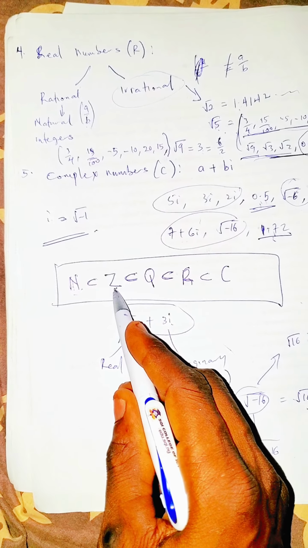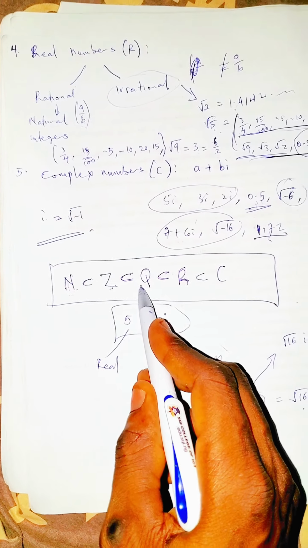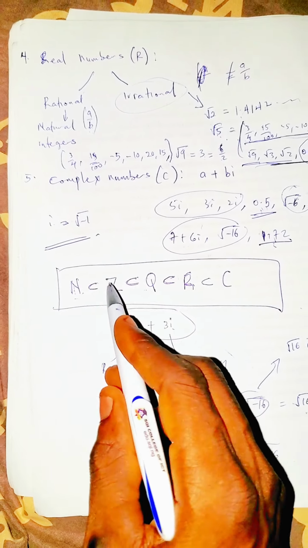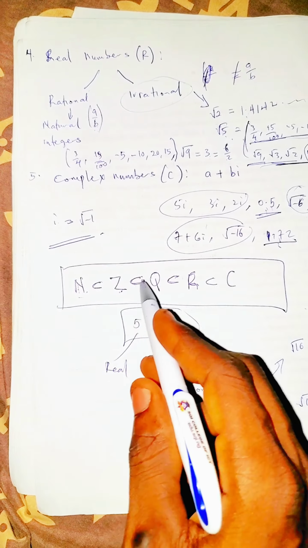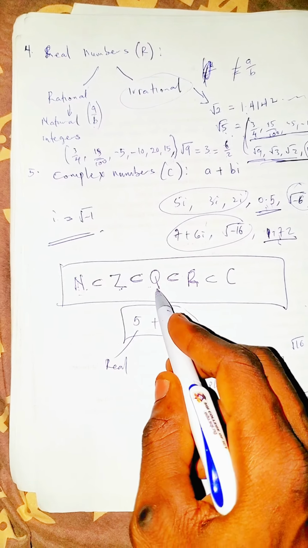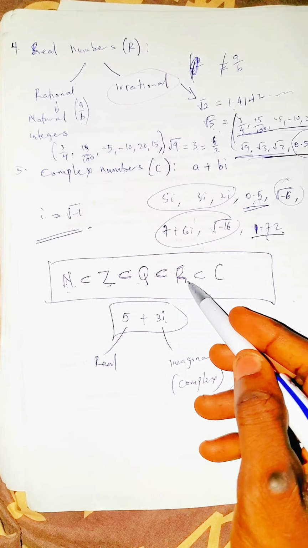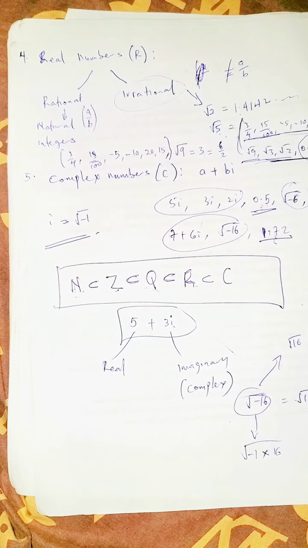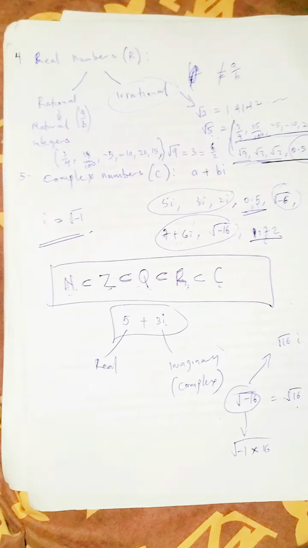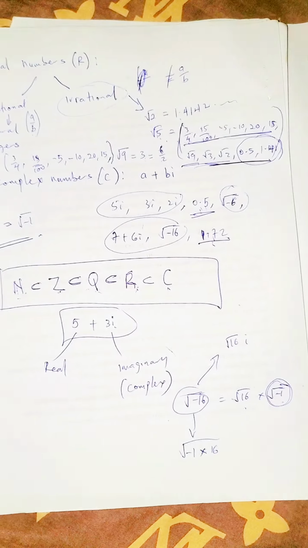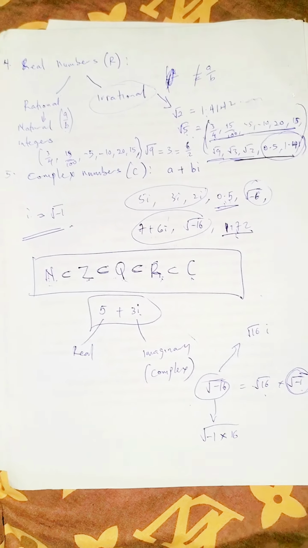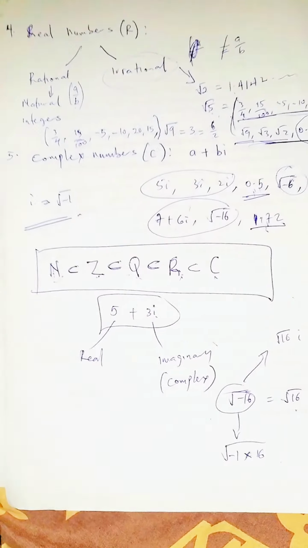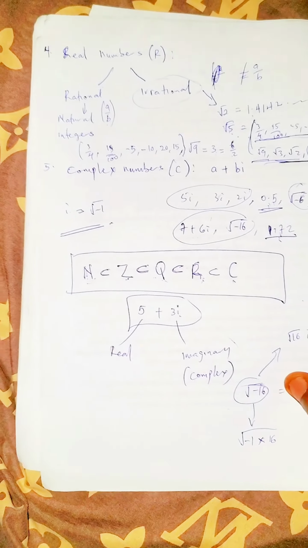All members of integer numbers can be found in rational numbers, but not all members of rational numbers can be found in integer numbers. All members of rational numbers can be found in real numbers, but not all members of real numbers can be found in rational numbers. All members of real numbers can be found in complex numbers, but not all members of complex numbers can be found in real numbers. So that is the example. Now let us take a look at some numbers and let us see.